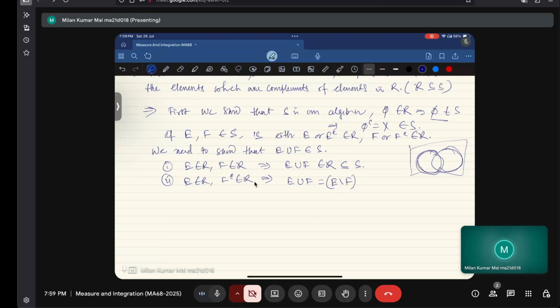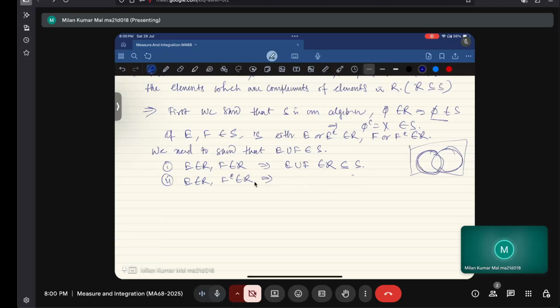E intersection F complementary is this, E union F complementary is this, and E minus F complementary. If we can show these separately for E and F, then it will hold.